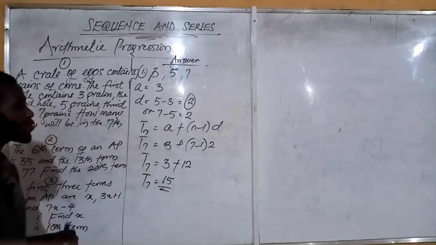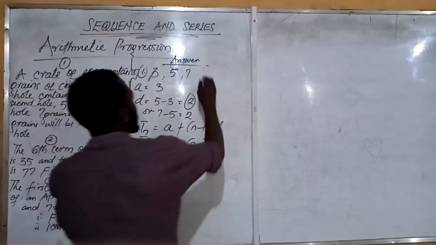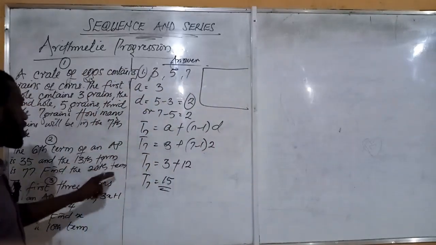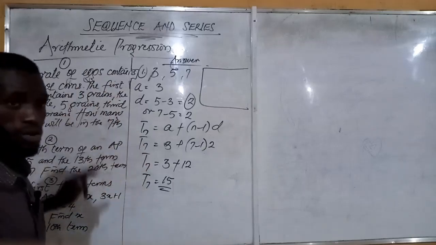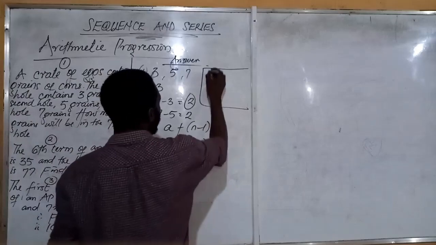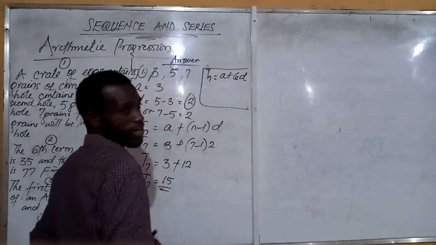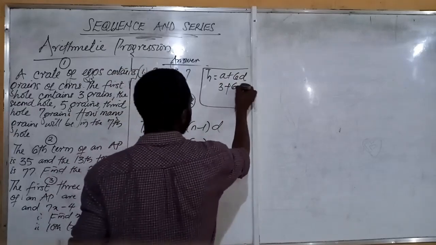Or you could just go directly. Remember that we gave a shorter method: whenever you hear the term, you can just derive the formula. In an AP, you can know the formula. So T7 is going to be A plus 6D. So what is our A? 3 plus 6D is what? 6 times 2.